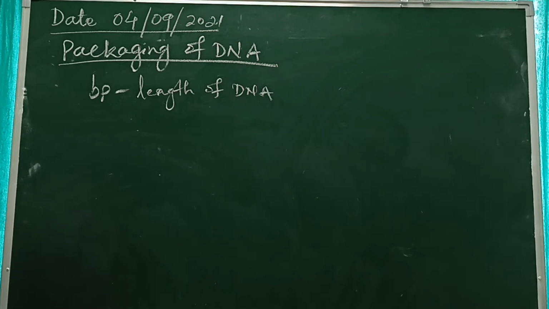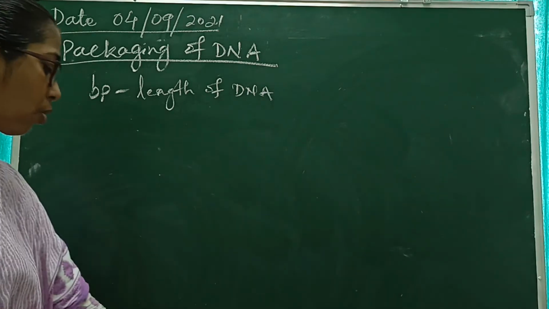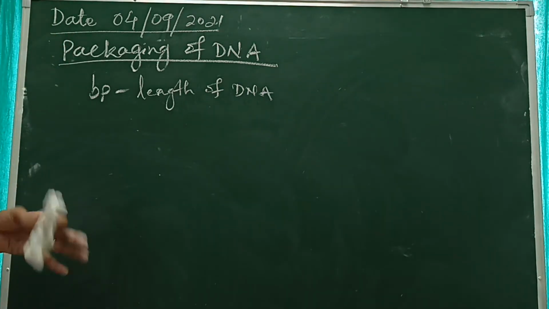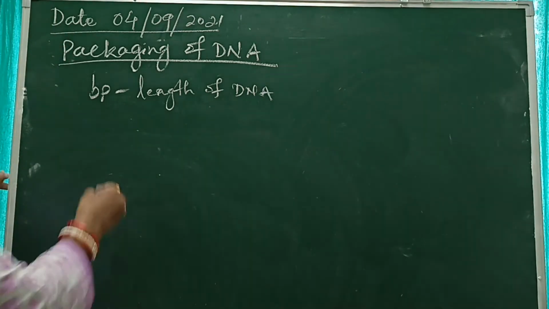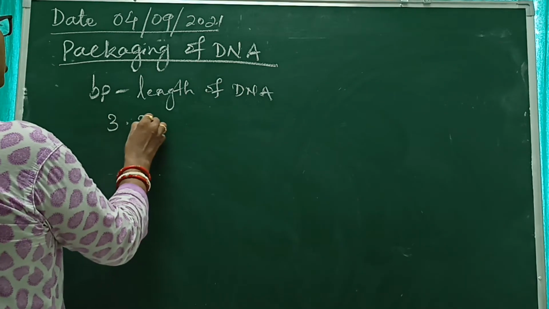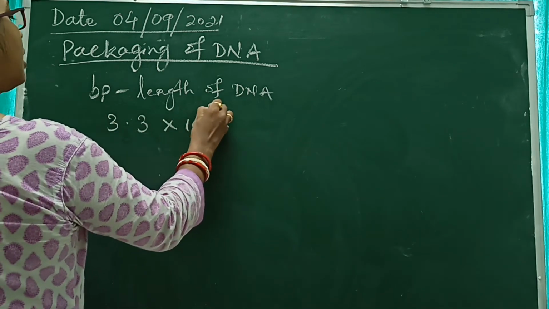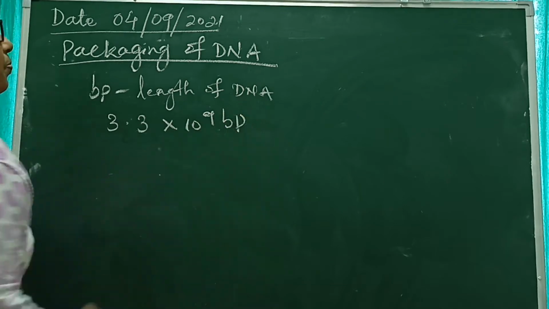So the total number of base pairs multiplied with the distance between two consecutive base pairs gives the length of the DNA. Okay, so I have told you that in the haploid set of chromosomes, that is in 23 chromosomes, the number of base pairs is 3.3 into 10 to the power 9 base pairs.